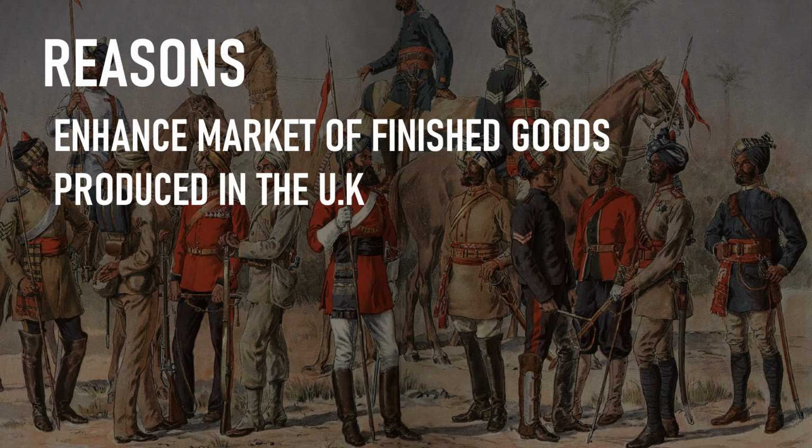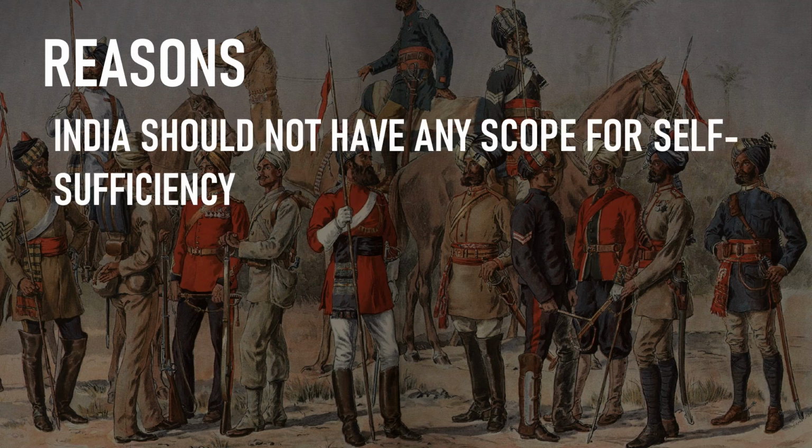The British were concerned towards protecting and promoting the economic interests of their home country, and they turned a blind eye towards the condition of the Indian economy. Their goal was that India shouldn't have any scope for self-sufficiency. So we shouldn't produce our own goods. We shouldn't consume our own goods. We should only supply raw material for the British and consume the British goods.